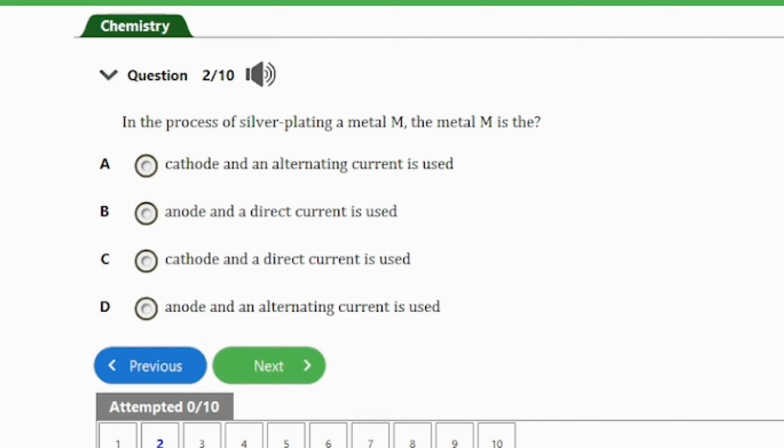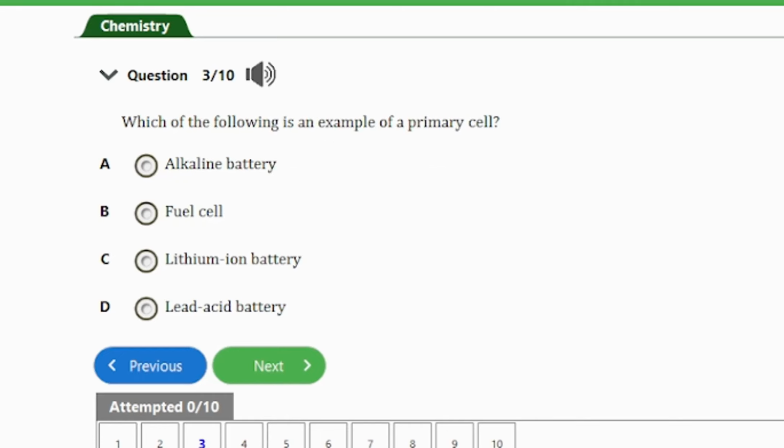So guys, the answer to this question is option C here. A direct current is passed into the setup of an electroplating of metal M by placing it as the cathode. During electrolysis, it is a direct current that is passed through the electrolyte. So that's it guys for that question. Let's consider the next question.